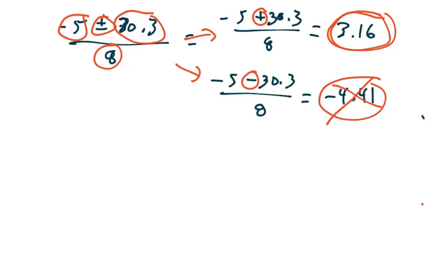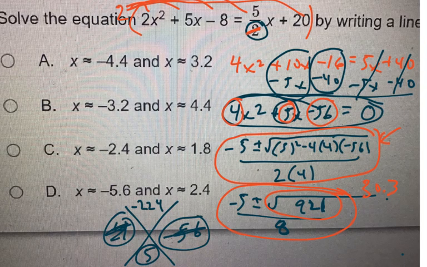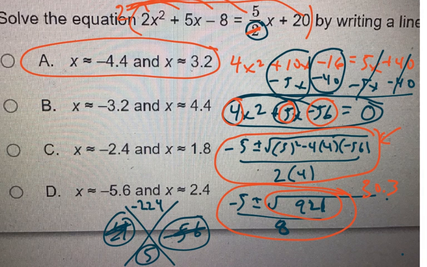So that's 3.2 there, and that's negative 4.4. And it looks like it's choice A. Now notice how in B, they switched the negative signs on you guys. Be careful of that. That's one of the common ways they trick you. Okay, but the correct answer, I hope you agree, is A. B is the trick one, right?